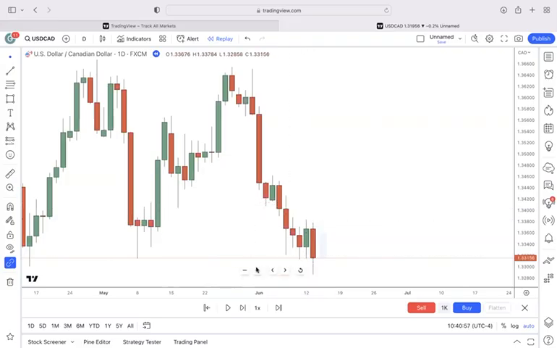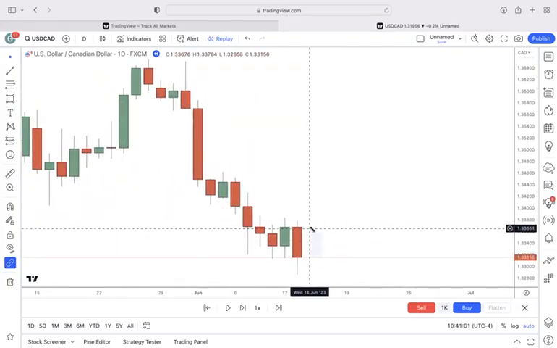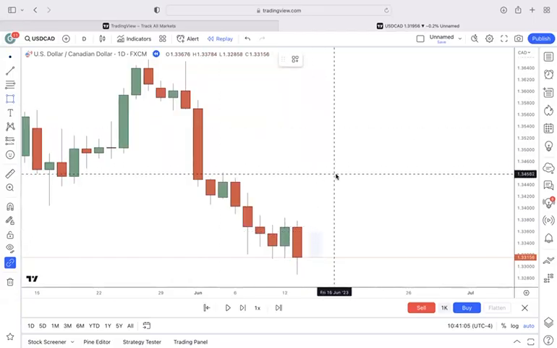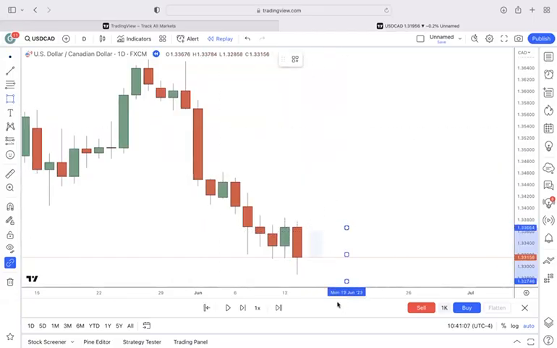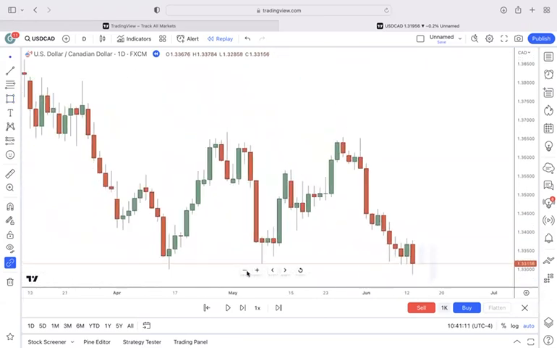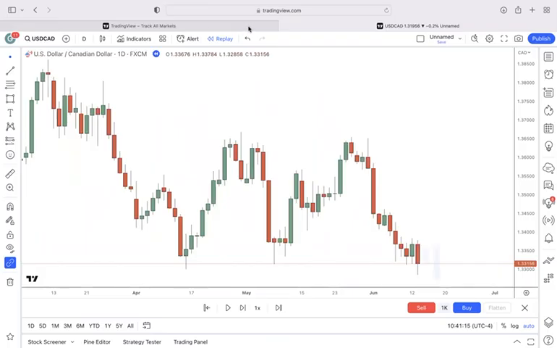But I'm sure you've seen that happen and they close like this, and you're like, oh, they closed above 50% of the order block, but that very next day rejects and goes lower, right? I see this probably every week, on various time frames. So it's a hard question to answer.